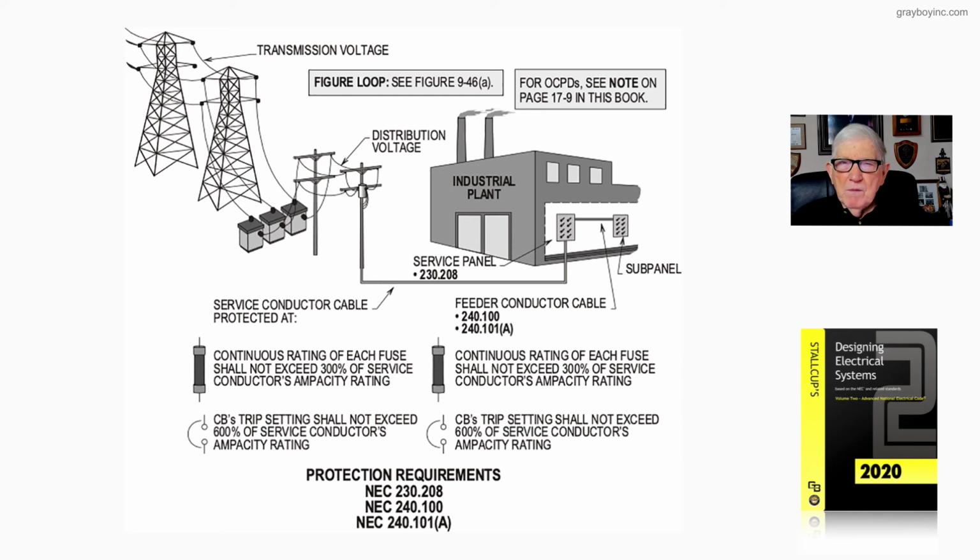But remember one thing, Article 450 protects the transformers, table 450.3A. And 240.100 and 240.101 protects the conductors, and that's what this illustration 17-10 is illustrating.